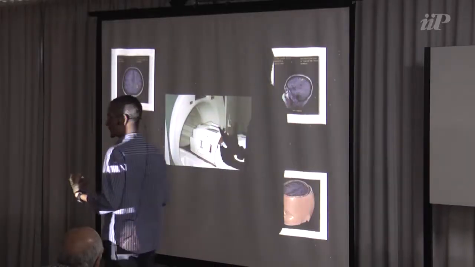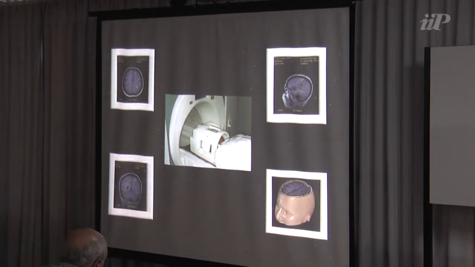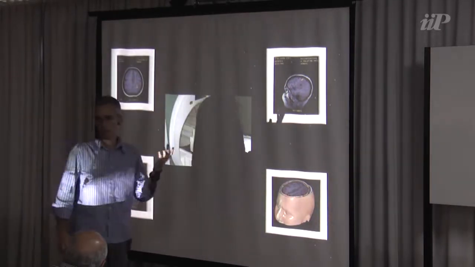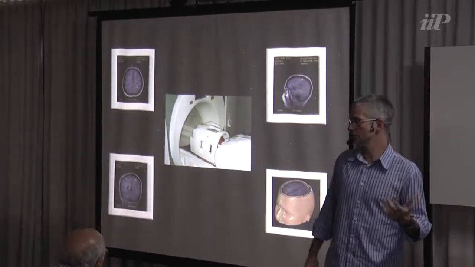And second, if you want to map eloquent cortex where you need a response from the subject, like language, how is it done? You do the same thing, but with the patient awake in the operating room. You stimulate Broca's area until the patient stops speaking. So you ask the patient to count from 1 to 20, and then all of a sudden he, or she, stops. 1, 2, 3, 4.